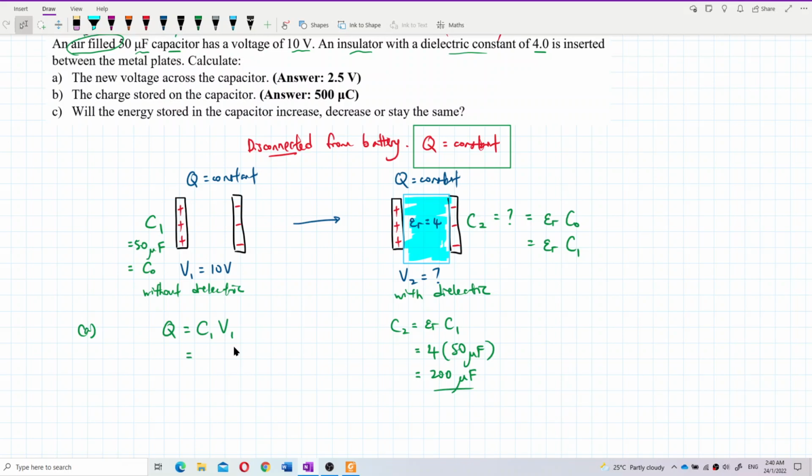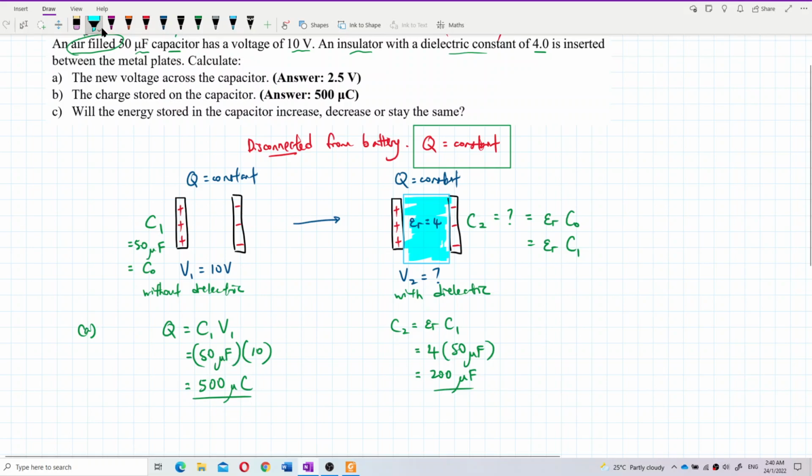Which is 50 microfarad multiplied by V1, 10 volt. So we have 500 microcoulomb. Remember, this one is microcoulomb, not coulomb, because we have microfarad. Here is micro, so that's why here also micro.